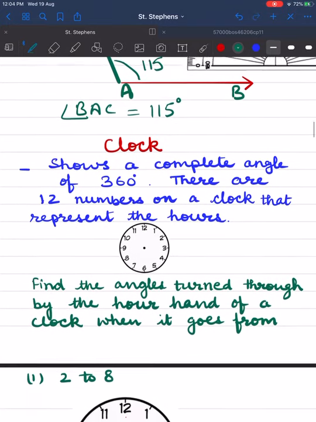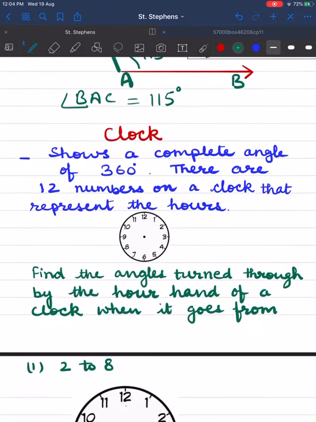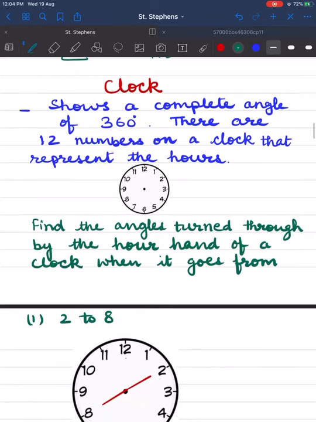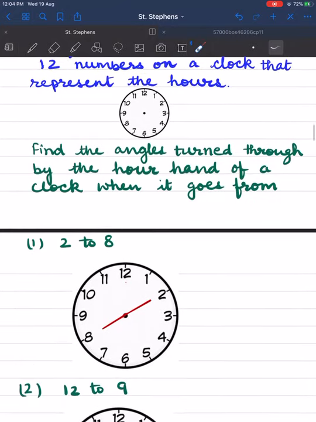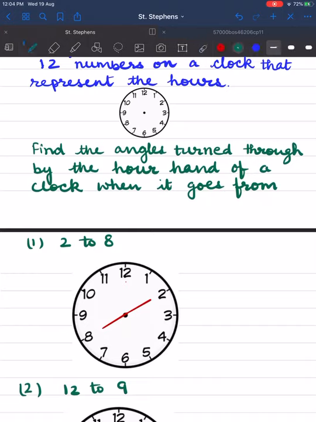Now let's find the angle turned through by the hour hand of a clock when it goes from 2 to 8. Now we know that a clock shows a complete angle and there are 12 numbers on a clock that represent the hours. So when it turns from 2 to 8, it has passed 6 hours out of 12 hours.